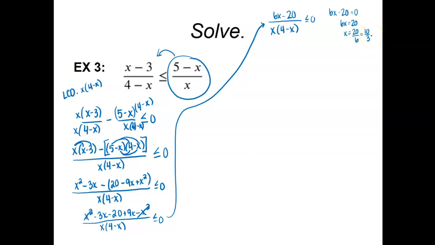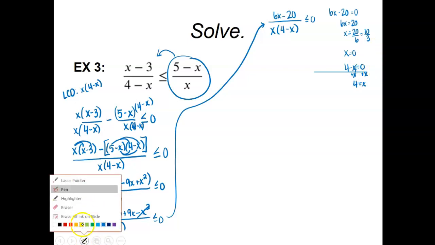I'm just going to leave that a fraction. For this section, we'll just have an x equals 0, and then we've got 4 minus x equals 0, so if we move that x over to the other side, we'll get 4 equals x. So we've got 3 values here.